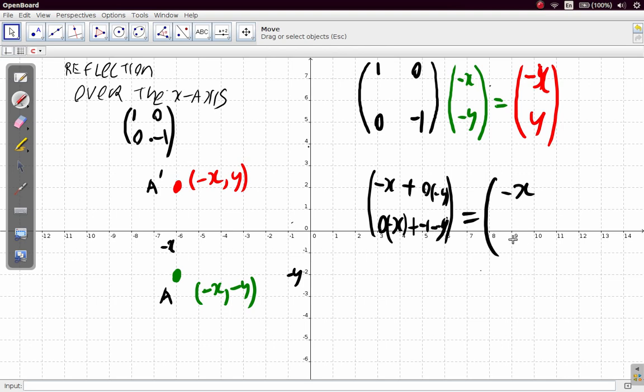Negative 1 by negative Y would be positive Y. So it does work. Alright?